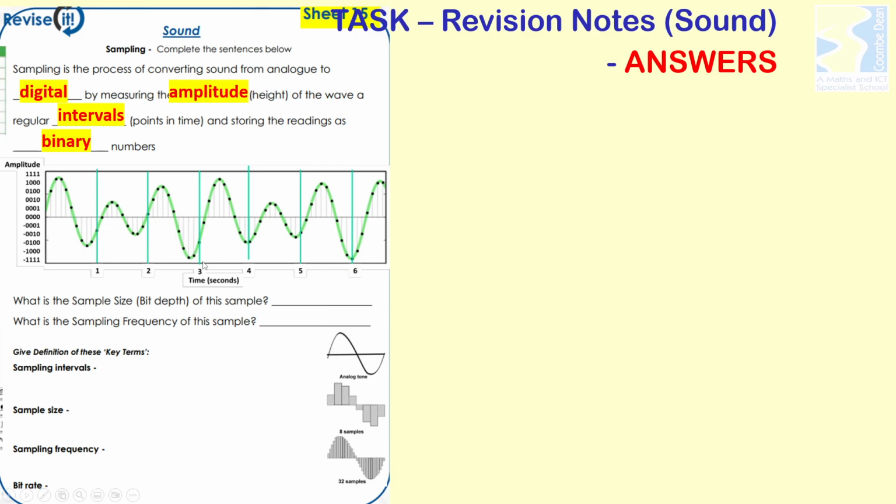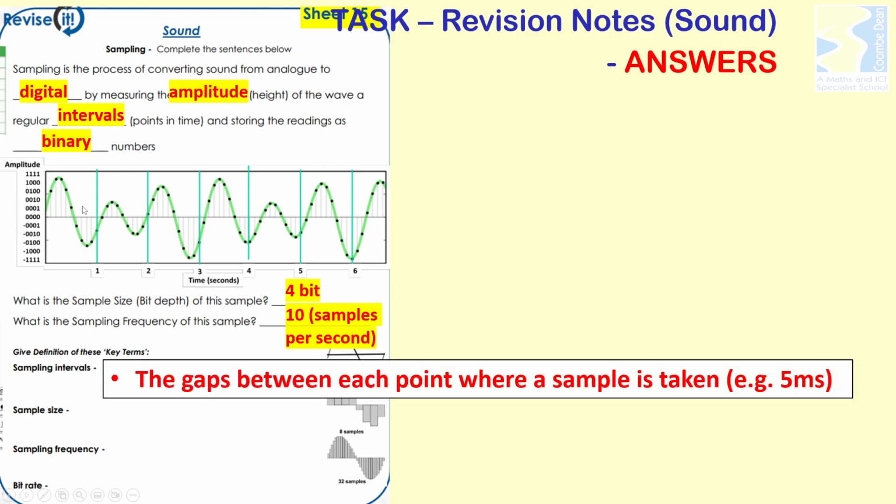Looking at this wave here, what is the bit depth? Well, if you look on the left-hand side, you can see, look, there's 4 bits for each level. So 4 bits of data is used. What is the frequency? So along here, for 1 second, if you count them up, there's 10 samples per second. So frequency is 10 samples per second.